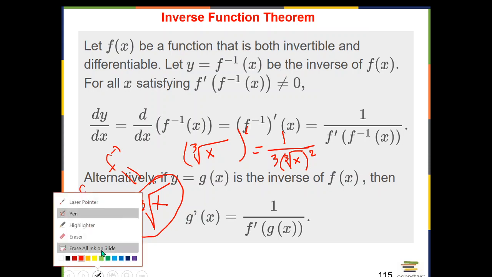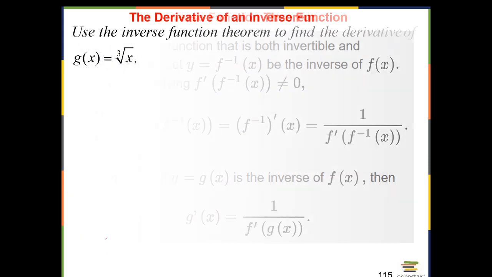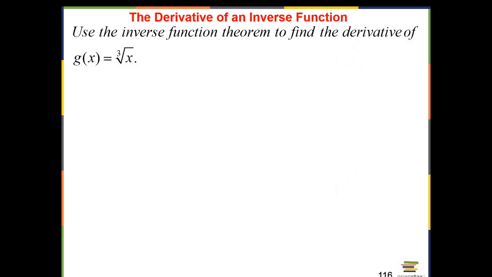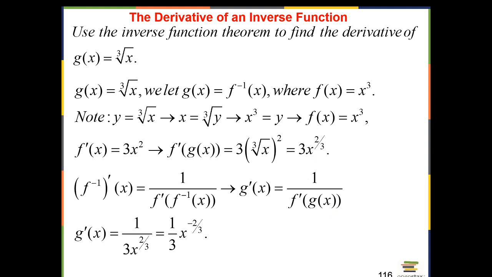So let's apply it and do a few examples. So here you go. Use the inverse function theorem to find the derivative of cube root of x. Well, we just talked about it. So we're going to consider this to be either this is the inverse and x to the third is the function, or we can think of this, right?